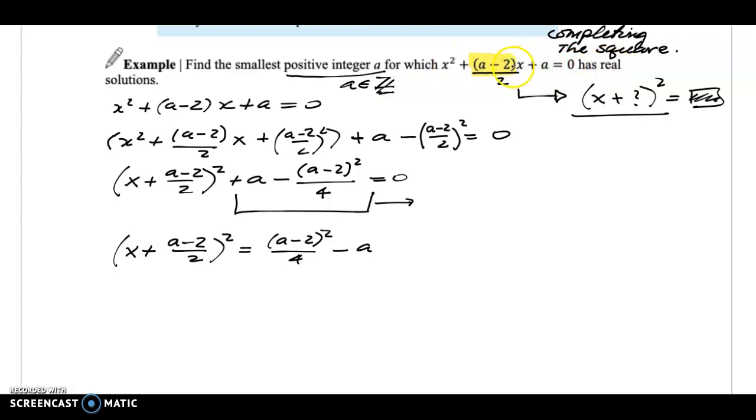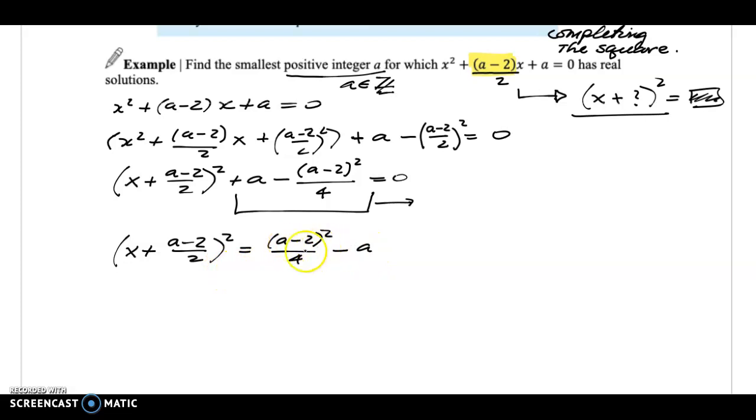We want to find the values of x that would allow us to have 0. A here is just some constant, some integer. So let's see what integer it might be.